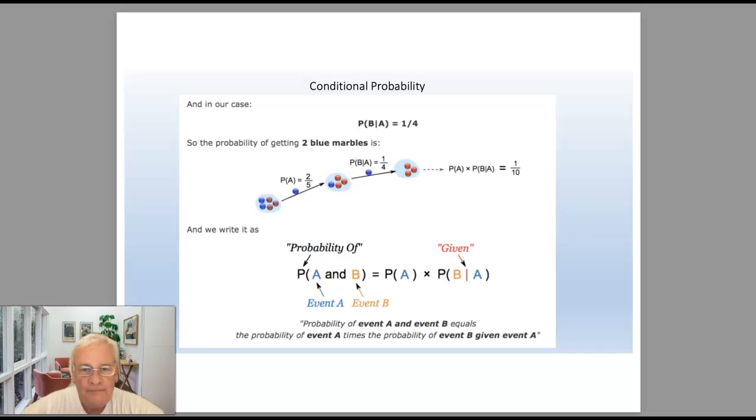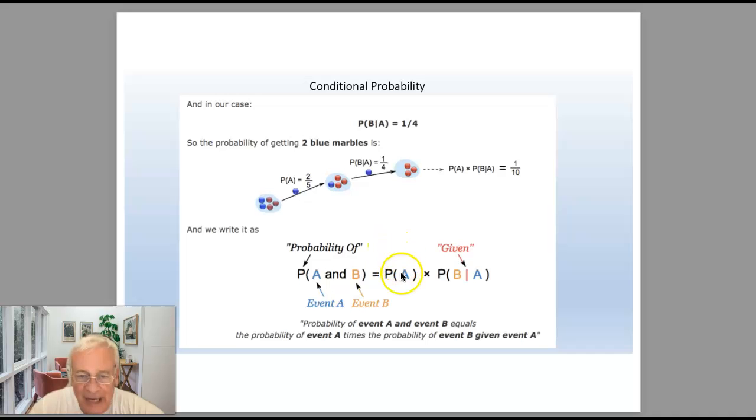So again, in our case, the probability of the first selection being blue is 2/5. The second selection is 1/4. These two multiplied together is 1/10. So the probability that they both happen is 1/10. And how do we get that?